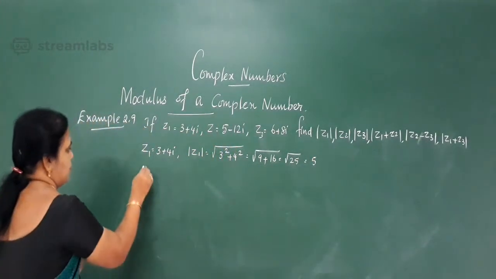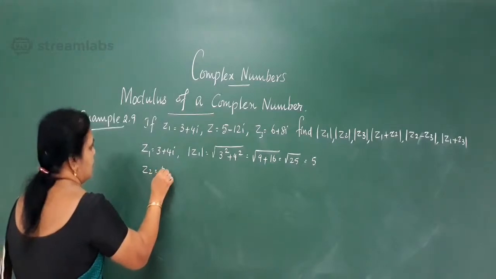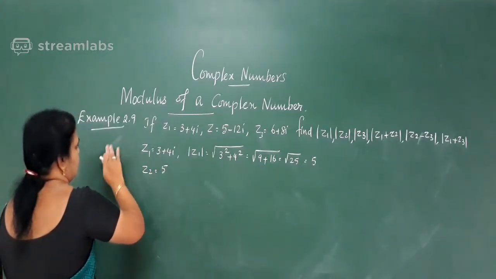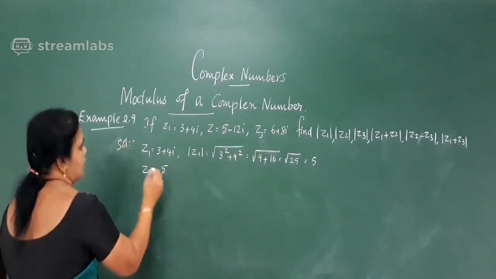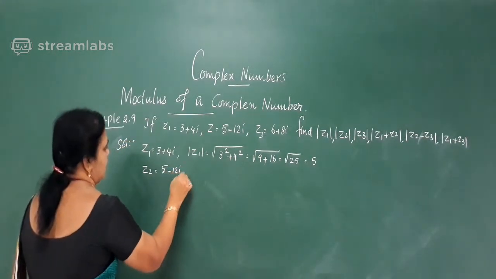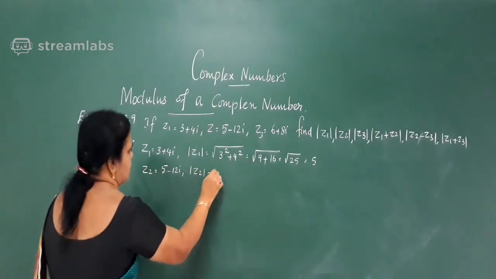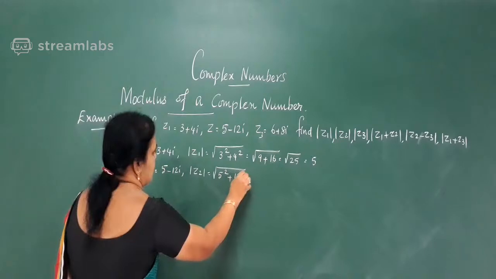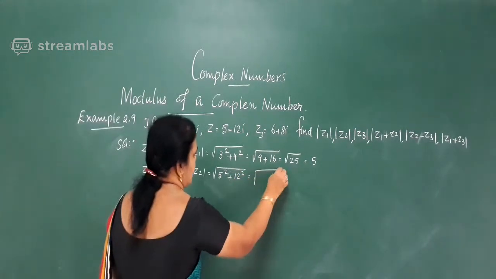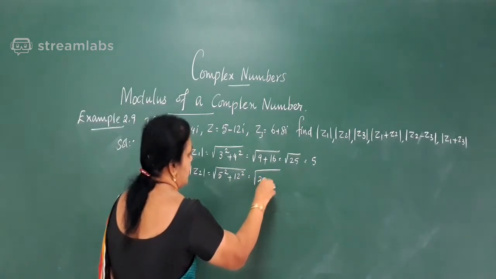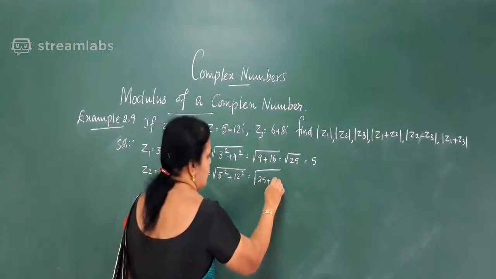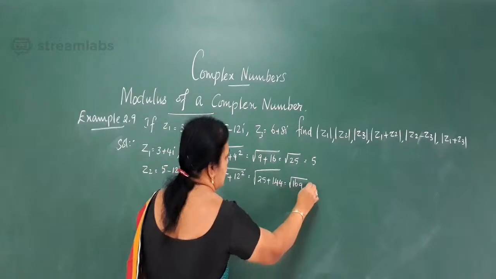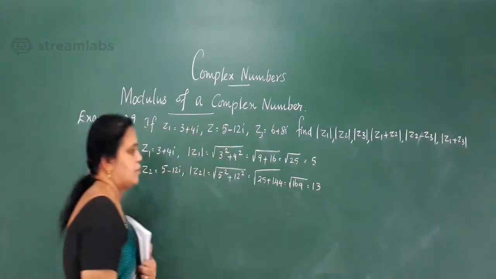Then modulus z2, 5 minus 12i. Modulus z2 is equal to root of 5 square plus 12 square. 5 square is 25, 12 square is 144, so 169, which is equal to 13.